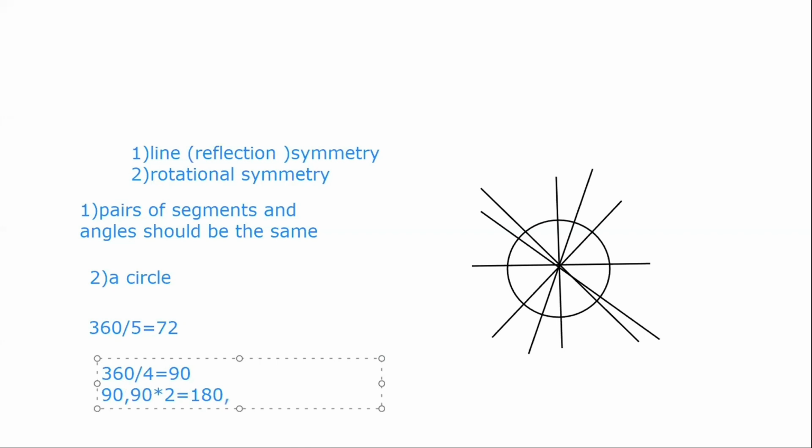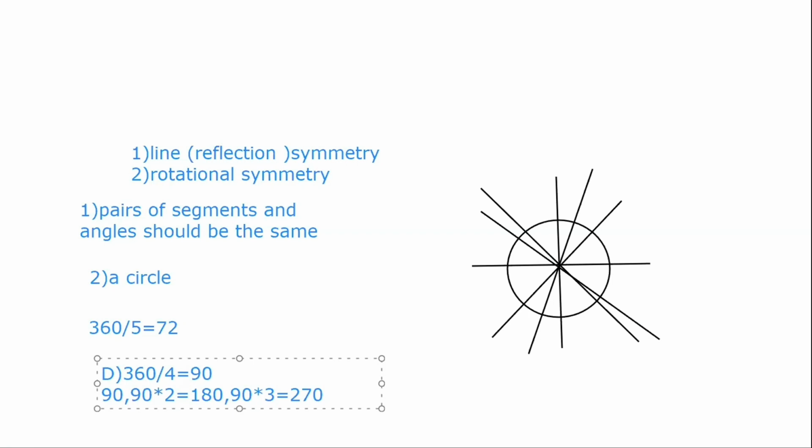And then 90 multiply 3, which is 270. And then what comes after 270 exactly? The 360. You don't need to write the 360. So how many angles do I have? 3 angles of rotational symmetry. I have 90, I have 180, and I have 270. This is for question D.